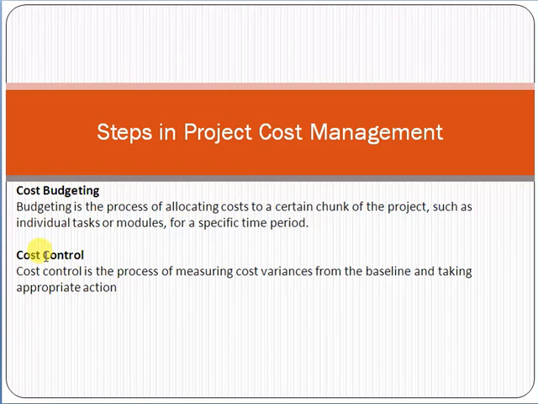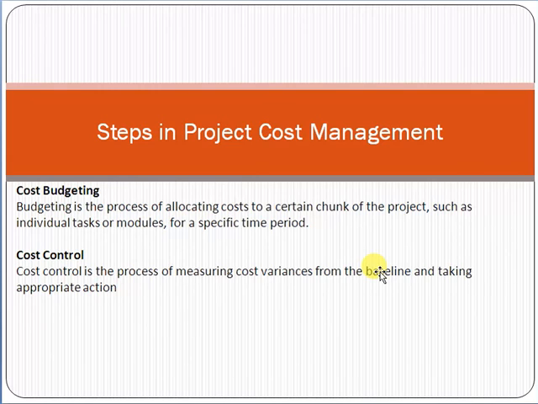Then the cost control. Cost control means friend, that you identify the variances. For example, first of all you establish a baseline. Baseline means the performance measurement baseline. For example, you baseline that you must complete a project within $1,500 cost.